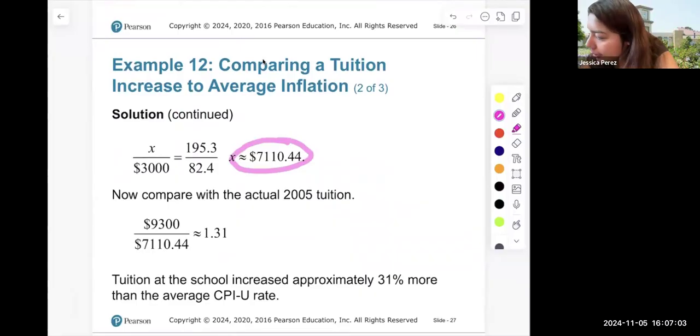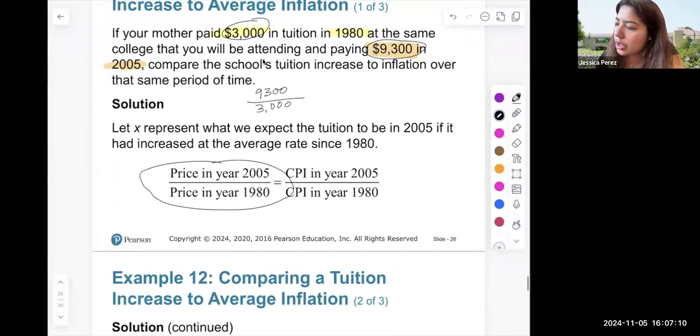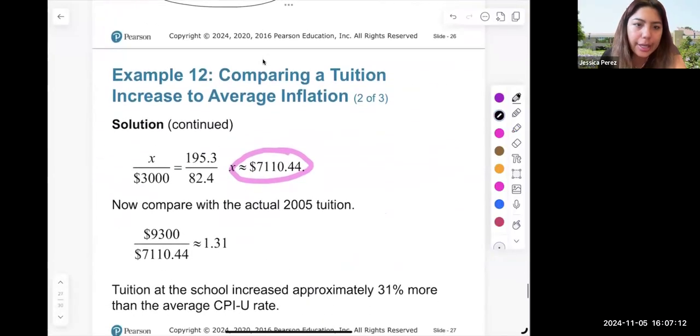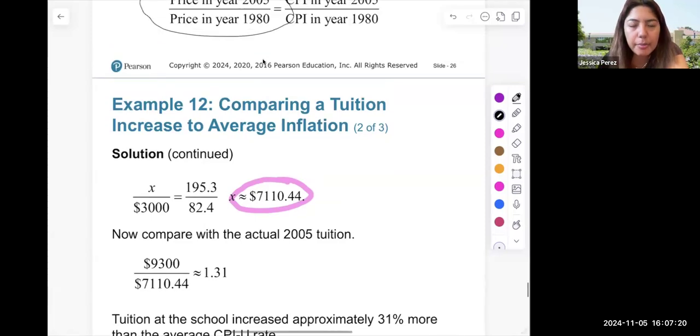So we're going to create a proportion between X over 3,000, because the $3,000 is how much she paid in 1980, is equal to 195.3 over 82. So where did they get this number?